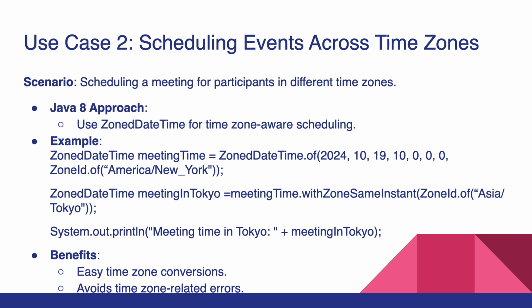For instance, when scheduling a meeting for participants in New York and Tokyo, this approach eliminates potential errors associated with time zone conversions, ensuring that participants receive accurate and consistent meeting times.